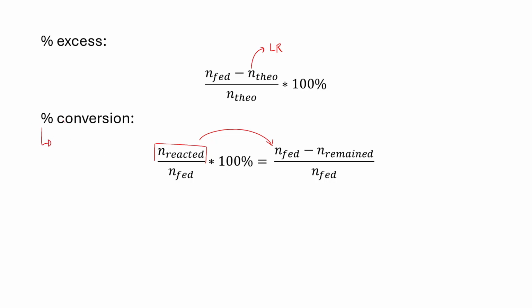So percent conversion is based on the desired chemical reaction, because there might be instances that there are two separate chemical equations, one desired and one undesired. So the percent conversion is always based on the desired reaction.